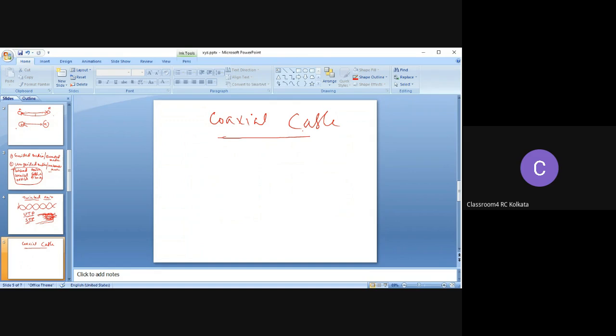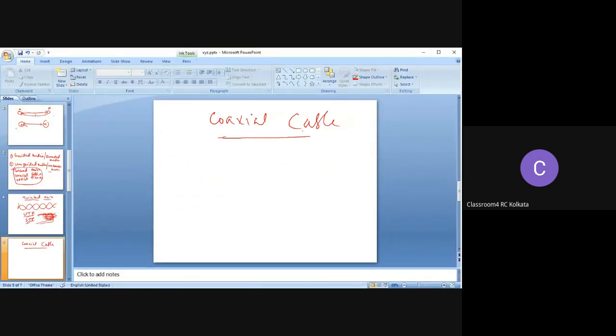The outer conductor surrounds the inner conductor. The gap between the inner and the outer conductor is filled with solid dielectric material as insulation. The outer conductor is hollow and cylindrical. The outer conductor is covered with a jacket. The diameter of coaxial cable varies from 0.4 to 1 inch.